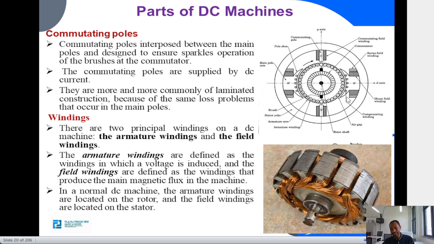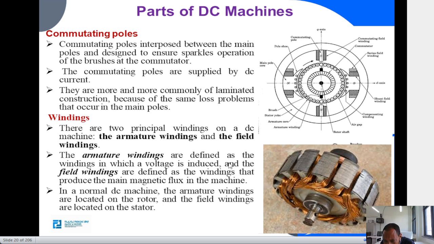Here is the armature, so these are the windings across. So the two main principal windings on the DC machines are the armature winding and the field winding.